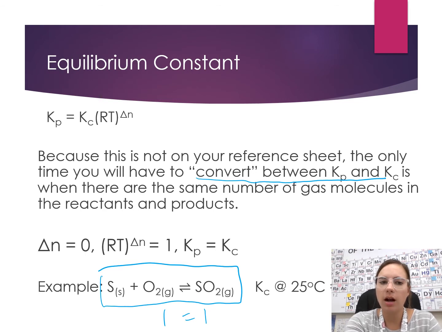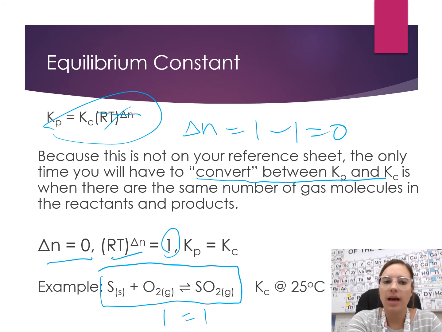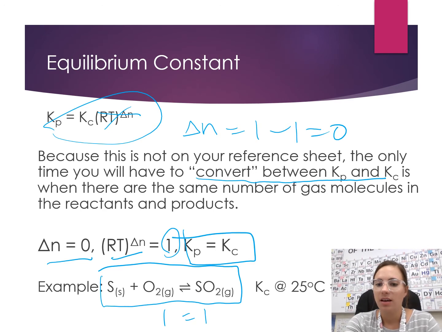Well, if we look at our equation, if they are the same, then delta n is 0. Then this raised to the 0 equals 1, so that is removed from my expression, so Kp equals Kc.